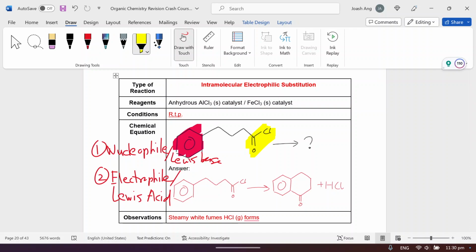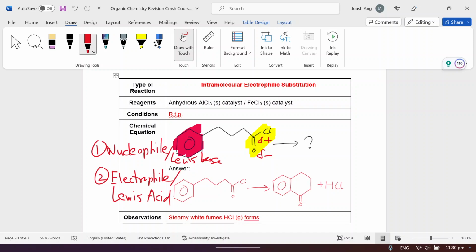And you can see that the polar C double bond O is very polar to the point that we will have a partial positive on the carbon and partial negative on the oxygen. And it is like that because the carbon is attached to two highly electronegative groups that are oxygen and chlorine, which decreases the electron density on the carbonyl carbon.